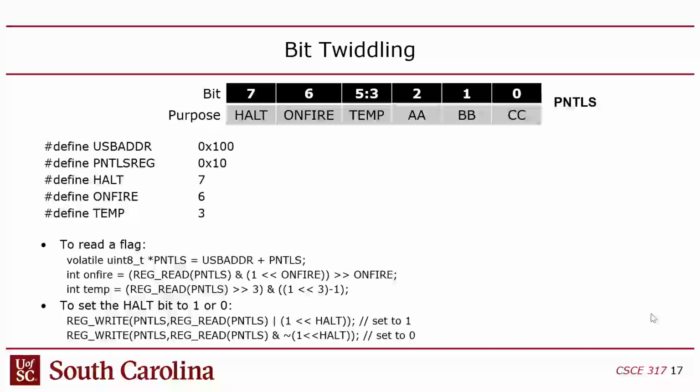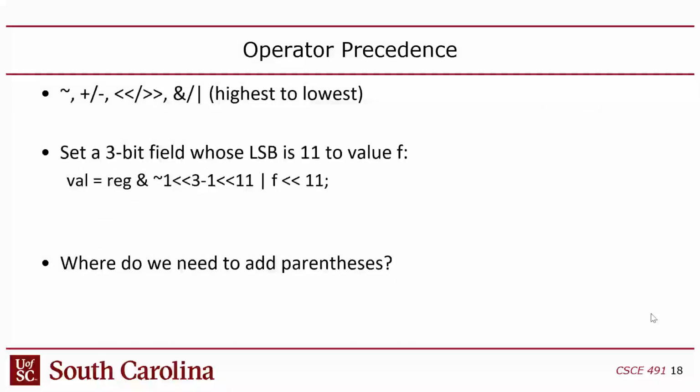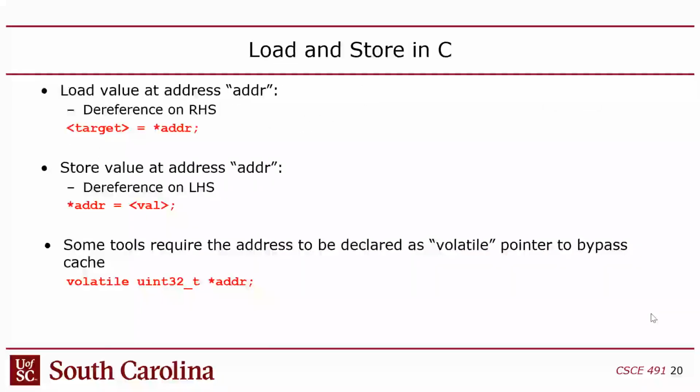It was called IO read 32, IO write 32, right? You might have used those in 313. In the ESP32, we've got these reg read, and there's also a reg write, right? Make sense? All right.